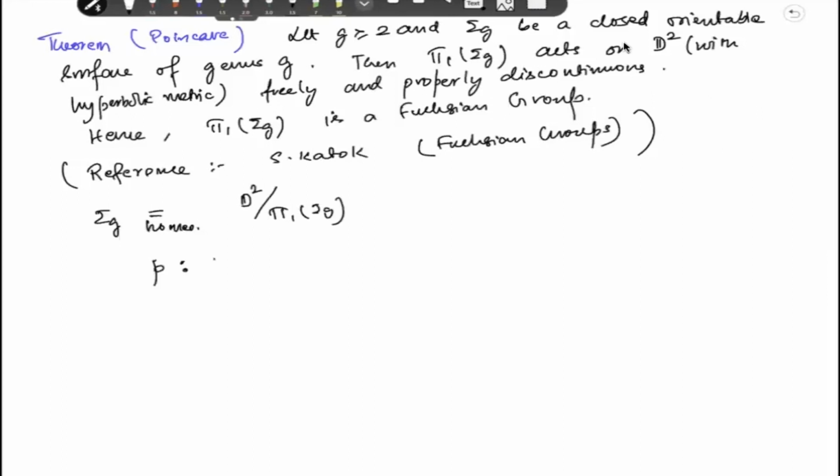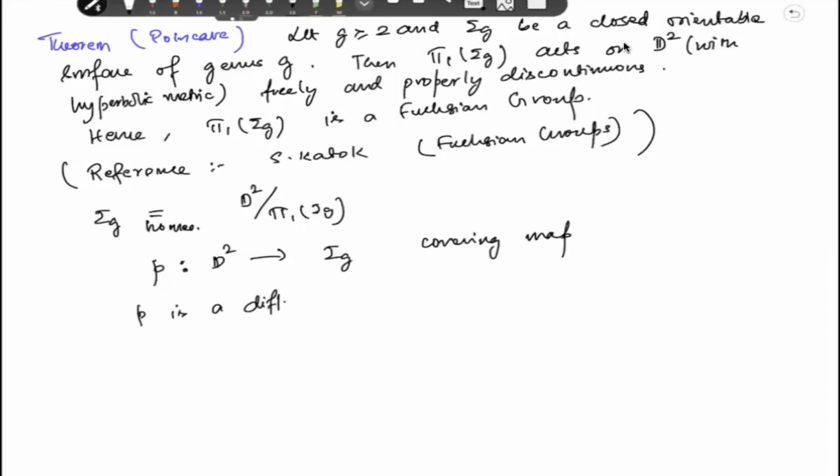So P is a covering map from this unit disk to this quotient space, which is homeomorphic to sigma g. Because pi 1 of sigma g acts by isometries on this unit disk, and the isometries are differentiable maps, sigma g will be a differentiable manifold.